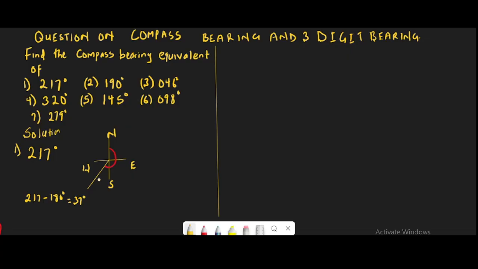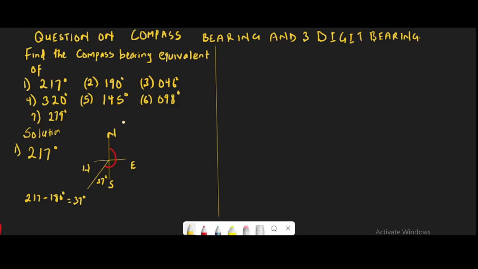That means here is 37 degrees. Let me explain again: the first quadrant is 90, the second quadrant is 90, 90 plus 90 is 180, and what do we add to 180 to give us 270? That is 37, that's why here is 37.